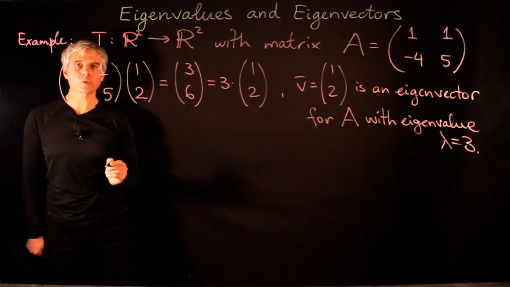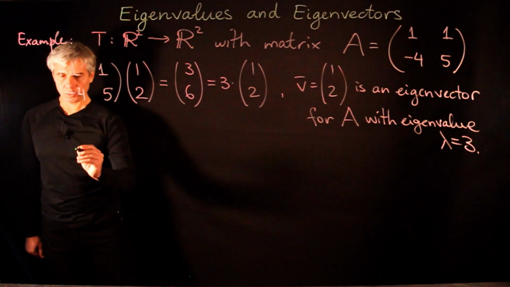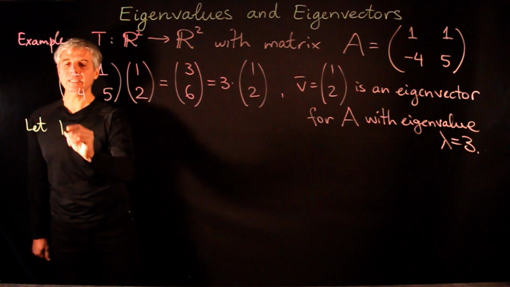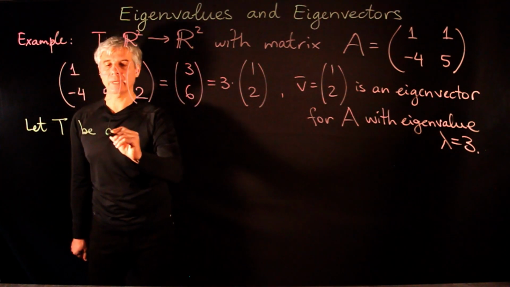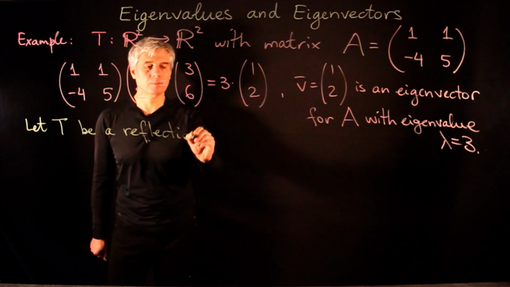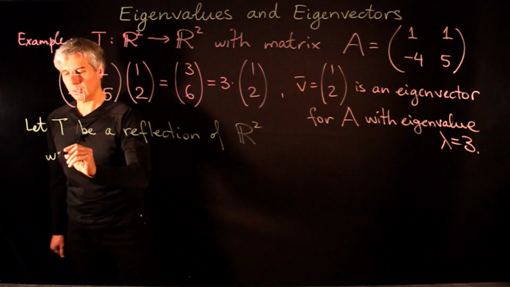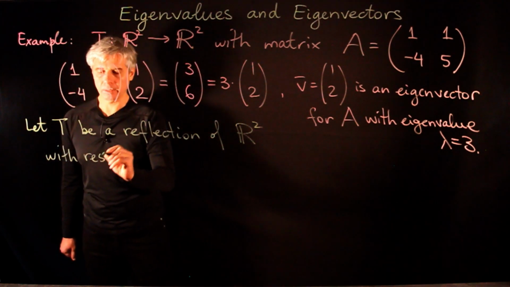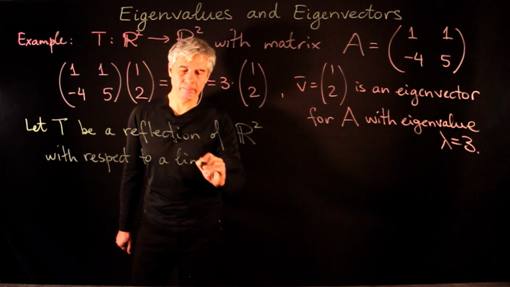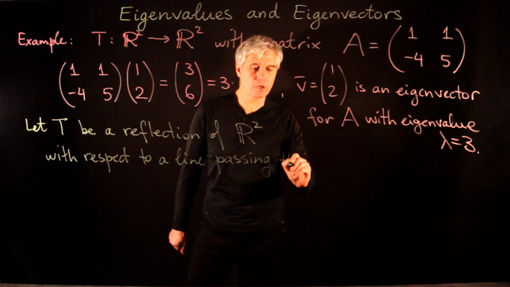Eigenvectors and eigenvalues help us understand the geometry of linear operators. So consider the following operator. Let T be a reflection of R2 with respect to a line passing through the origin.